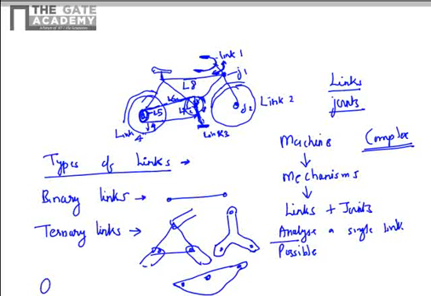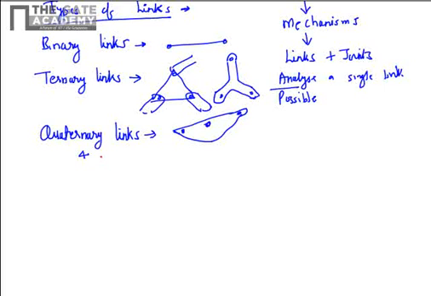Or you can have quaternary links. The quaternary links are connected to four other links. So in the same member, if you have one more link possibility, it is a quaternary link.